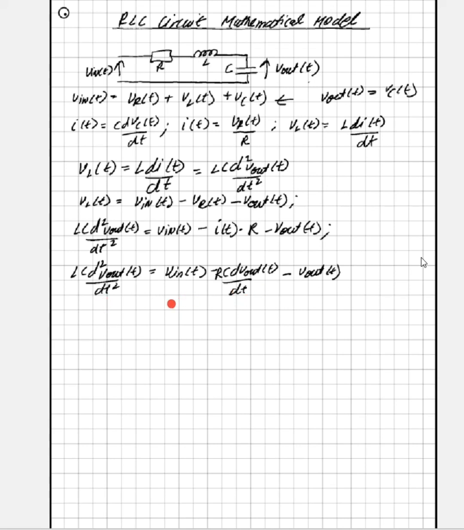If we divide everything by LC, so this is our equation. We can use this to create the graphical model.